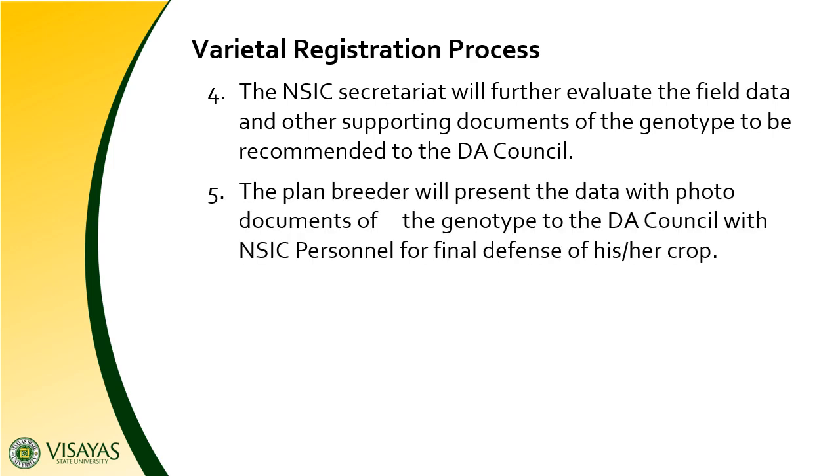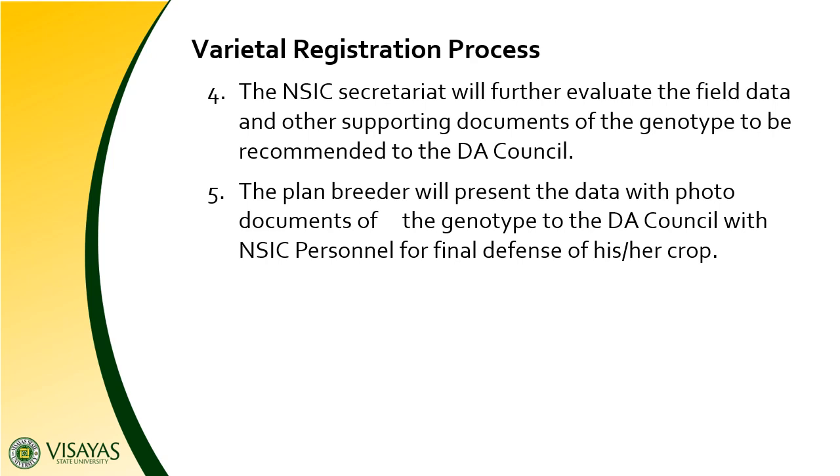Then last but not least, the plant breeder will present the data with the photo documentation or evidence of the genotype to the DA Council with the NSEC personnel for the final defense of his or her crop. At this time, the plant breeder will justify why his or her crop is ready for release as a national or regional variety.